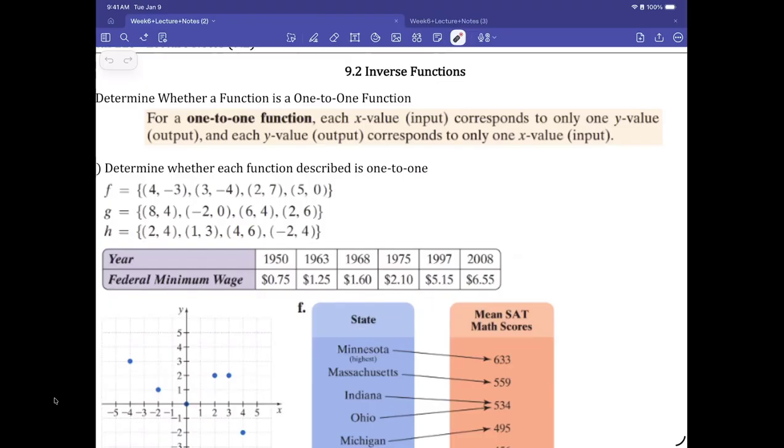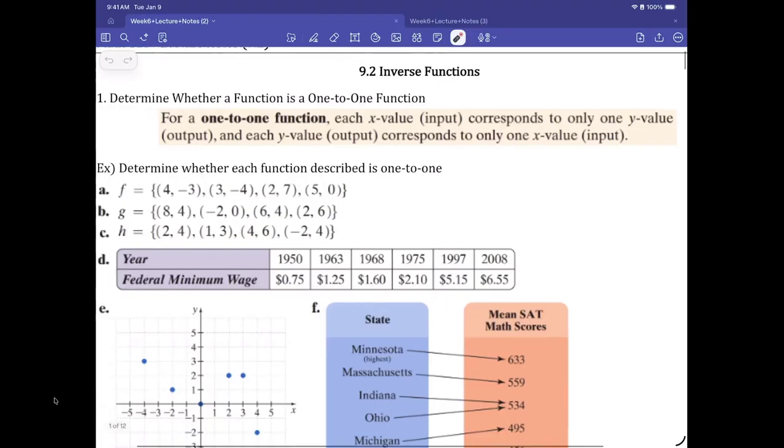So 4 comma -3, 3 comma -4, 2 comma 7, and 5 comma 0. Is this 1-to-1, yes or no? Yeah, it's 1-to-1.